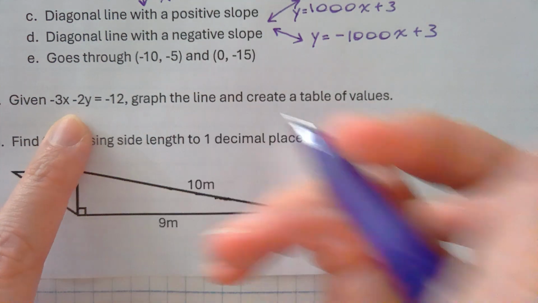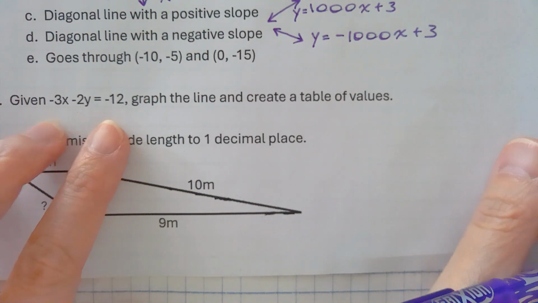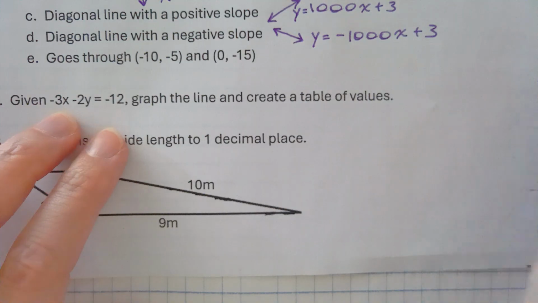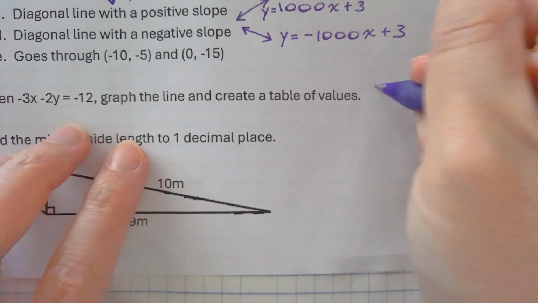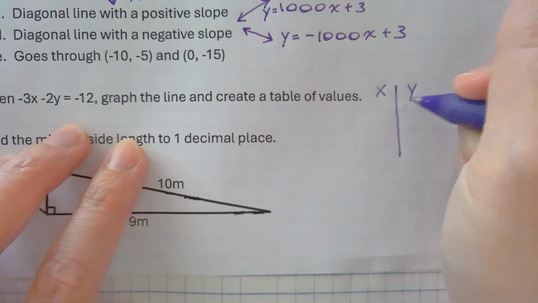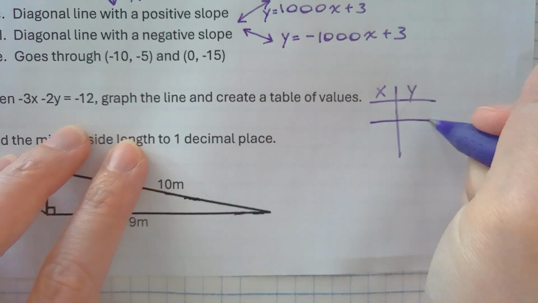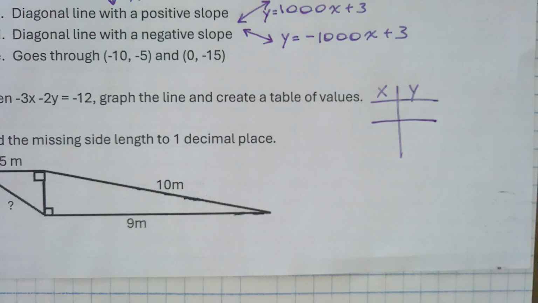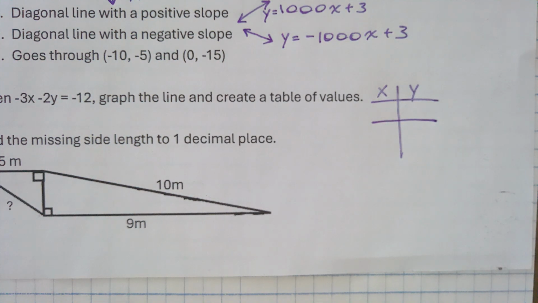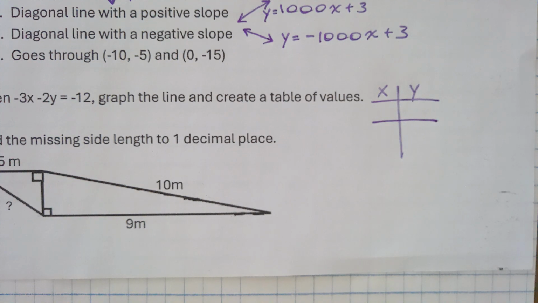Okay. Number 7, given this, graph the line and create a table of values. Okay, let's do a table of values. So how many points do you need to draw a line? How many points do you need to draw a line? 2.